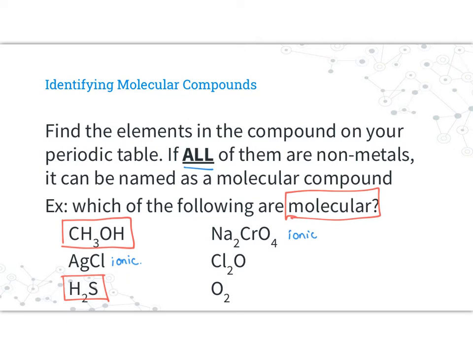Again, on our periodic table, metals are listed as green. And our nonmetals are listed in orange, plus hydrogen. In purple, you can find the metalloids, which I'll try to avoid when we're looking at ionic or molecular compounds, because remember, they can kind of act as both.